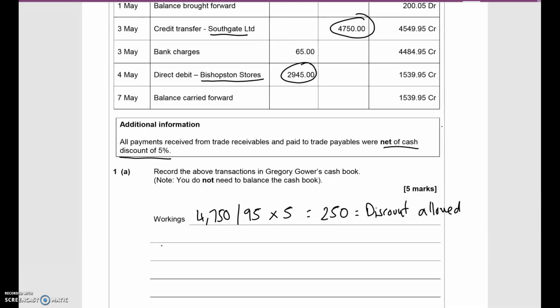Then on the 4th of May, we have 2,945 divided by 95 times 5 equals 155, and this is discount received, because Bishopston Stores is your creditor or your trade payable.